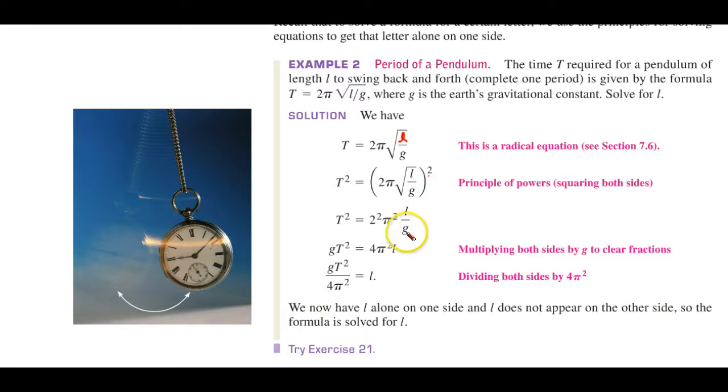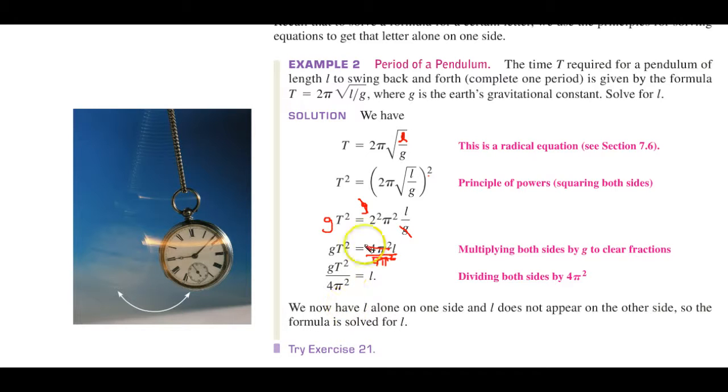Now that you have the radical sign out of there, we can multiply both sides by g. Now the g's will cancel out, and you then get this. And then now you're going to divide both sides by 4 pi squared to get the L by itself.